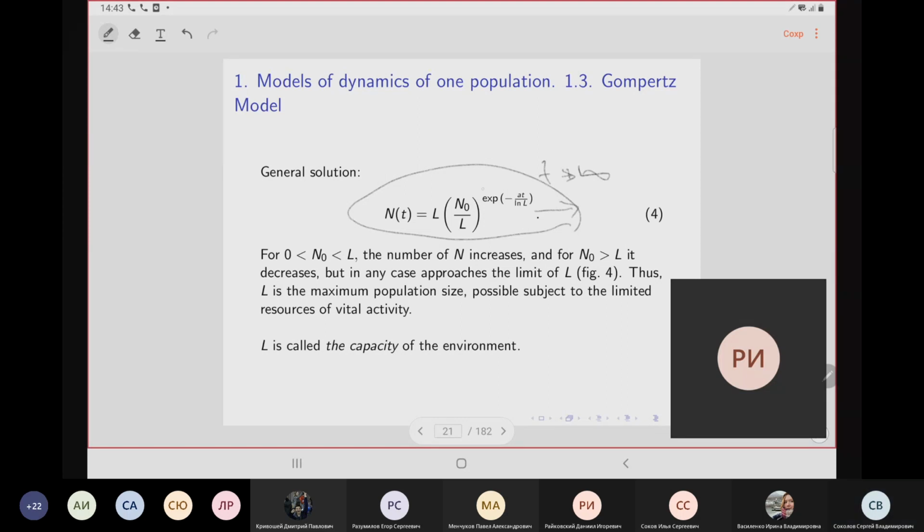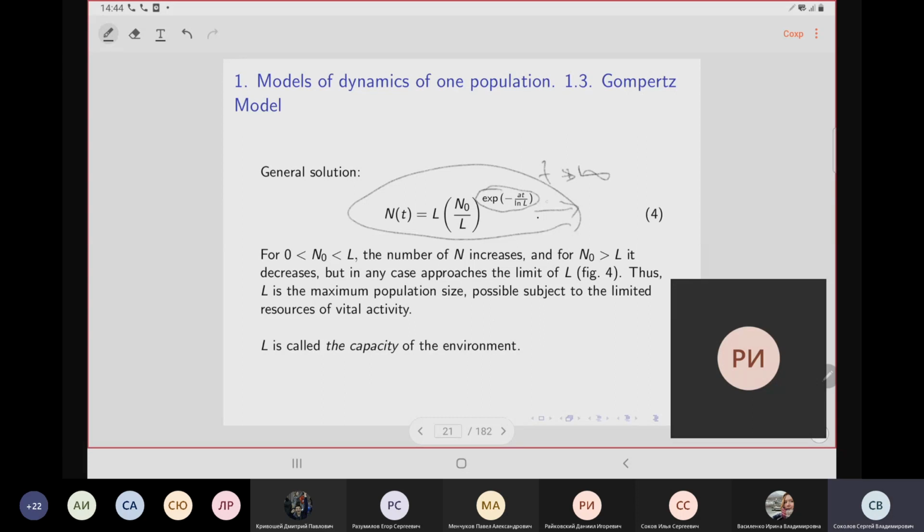We have exponent of negative a t divided by logarithm L. L is greater than 1, so logarithm is positive, right? A is positive. So we have exponent to negative and growing power.